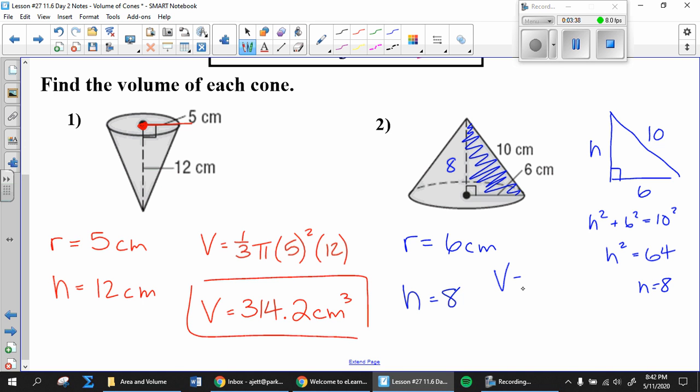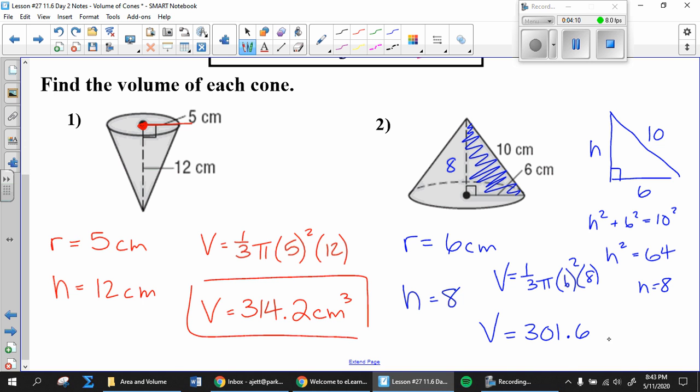Then from there we're just doing the same thing: 1/3 pi 6 squared times the height of 8. Typing that in, 36 times 8 times pi, divided by 3, we get the volume being 301.6.